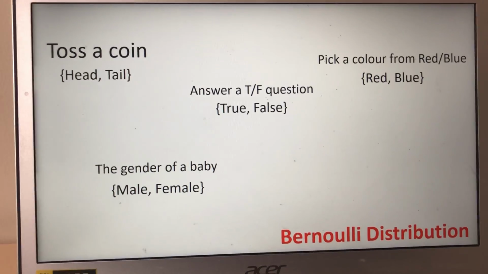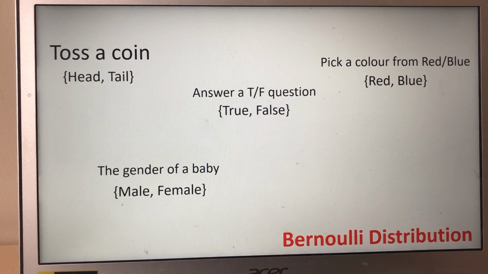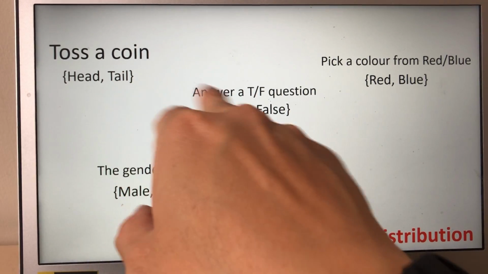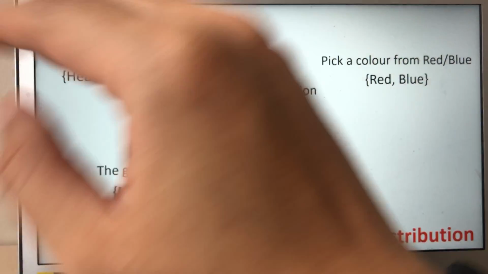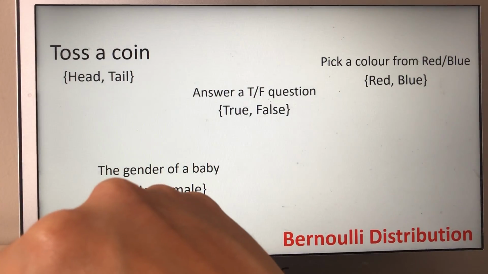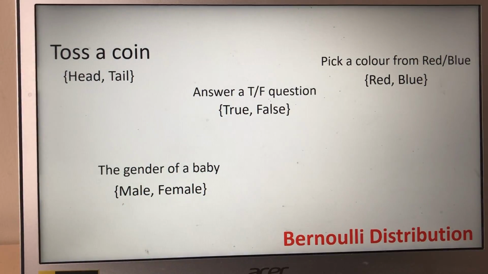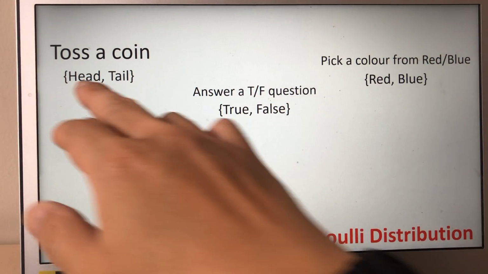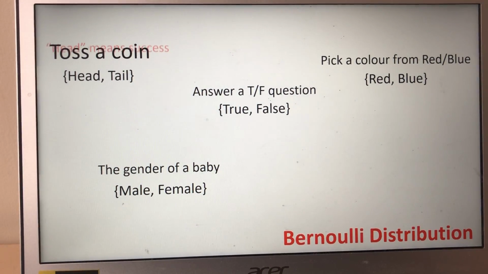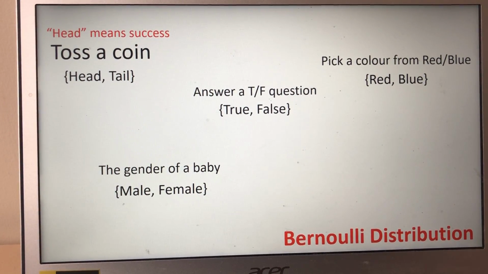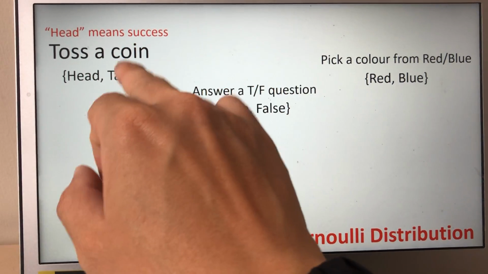So let's talk about one more thing. For all these events, there should be one thing that you are concerned with most. For example, when you toss a coin, you should be looking for something, either head or tail. So you have to define what it means by success in this event.